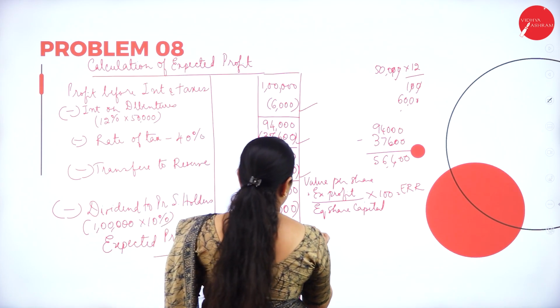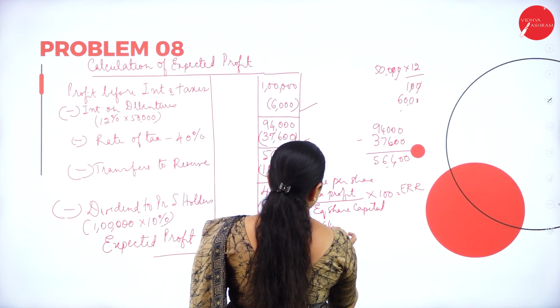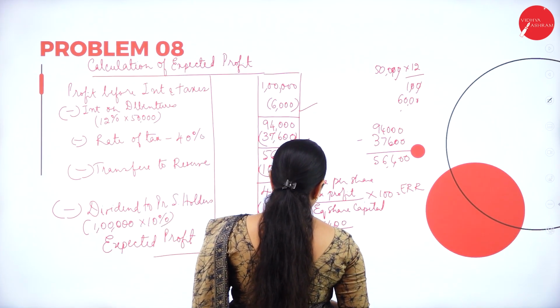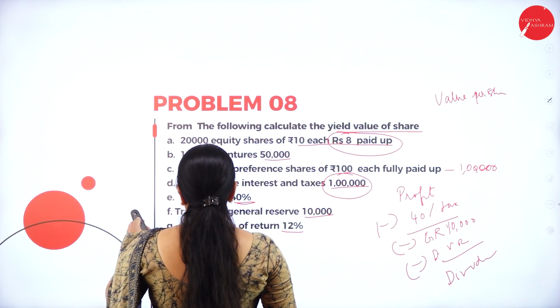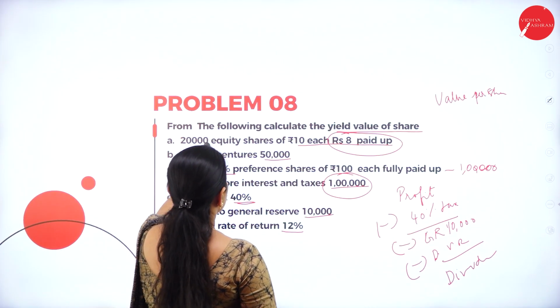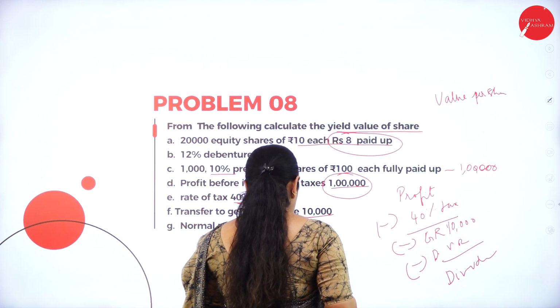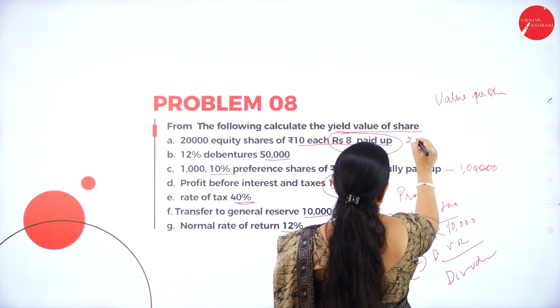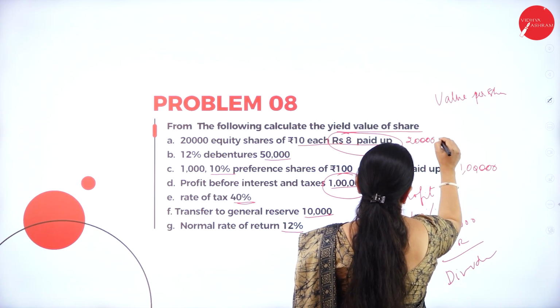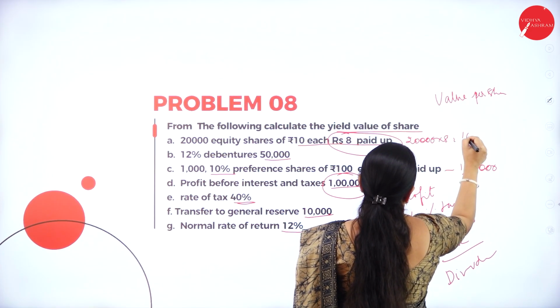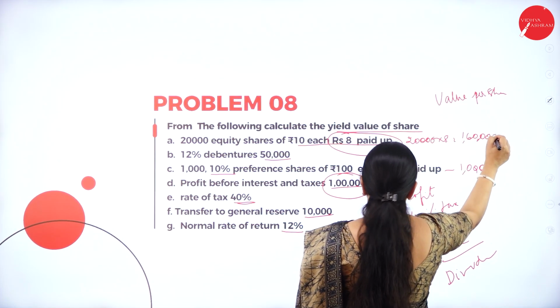So, this will be equal to 36,400 divided by equity share capital is 20,000 into 8. 20,000 into 8 will be equal to 1,60,000.